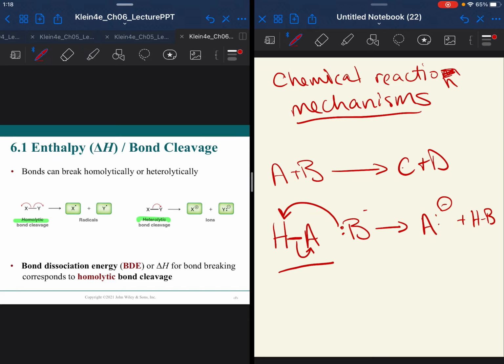And that is when you're going to wind up using your single barbed arrow as opposed to your double barbed arrow. You've noticed by now that in your homework, you always have that option. And if you pick the wrong one, it will be wrong. I will be asking you to show me mechanisms in lab reports as we move forward, or I might ask you questions about mechanisms in exams.